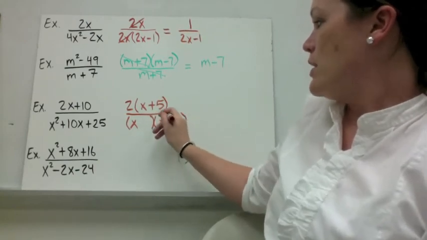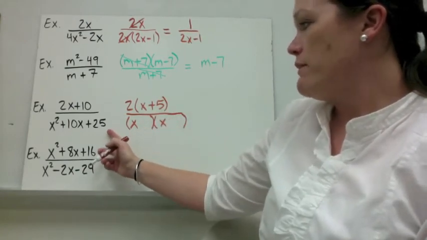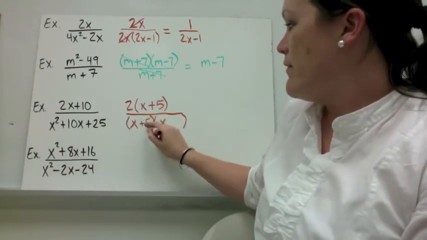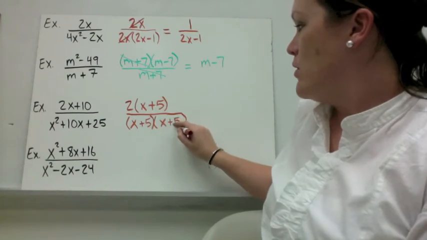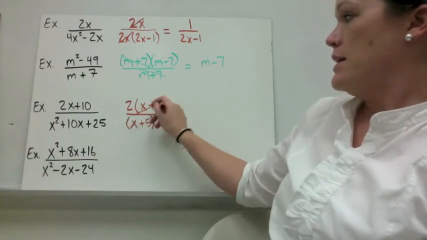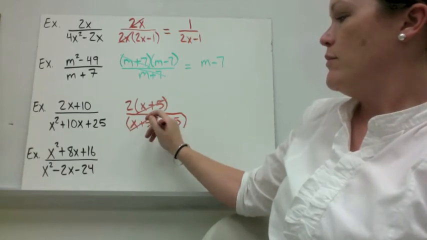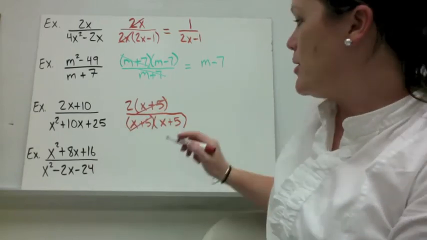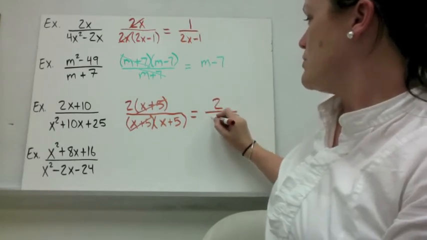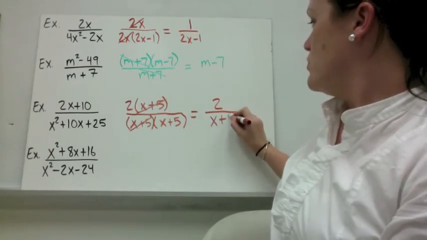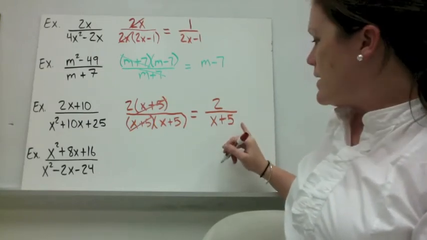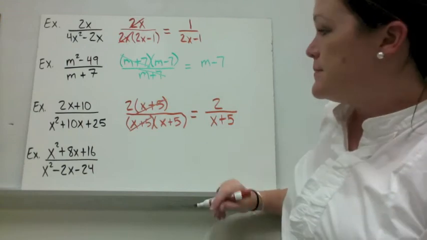Those are the kind we like to think about: what would multiply to be 25 and add to equal 10? 5 and 5, both positive, would multiply to be 25 and add to be 10. Then I can cancel x + 5, because those are the factors they have in common, and bring over my final simplified rational expression. So I get 2 over x + 5. You can write that with or without parentheses, and you might see it either way.